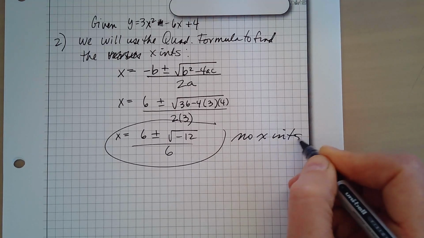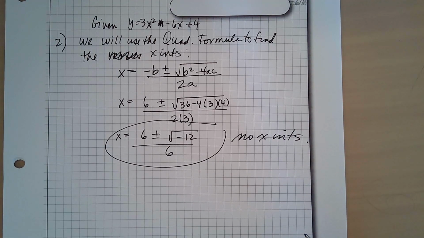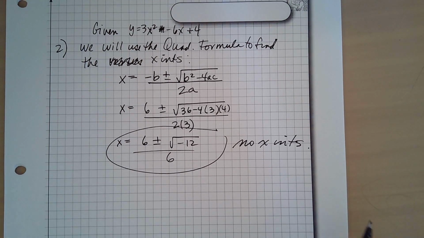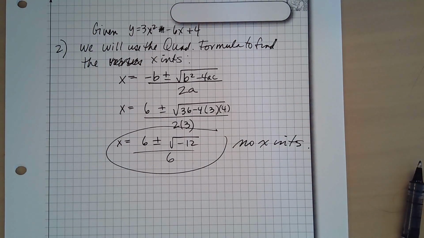Is it possible for a parabola to have no x-intercept? Yeah, for sure, right? It could be one of these. It can be like that, or like this. So it's for sure possible not to have x-intercepts.